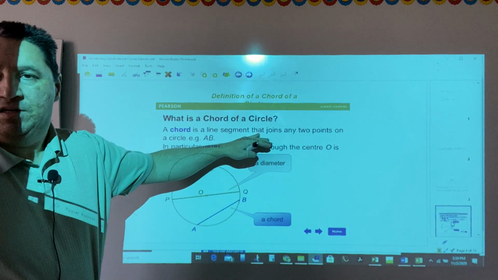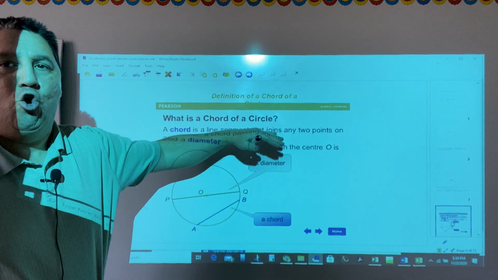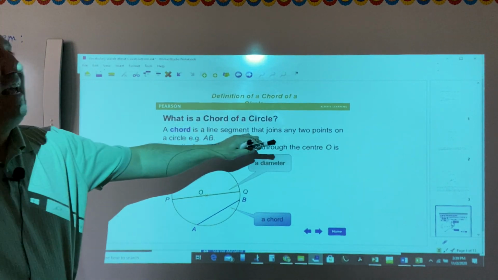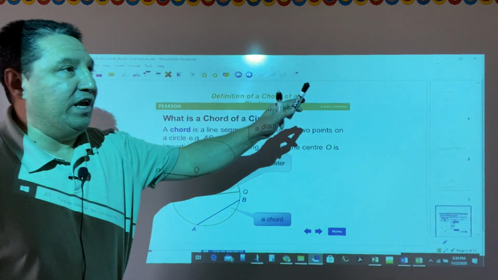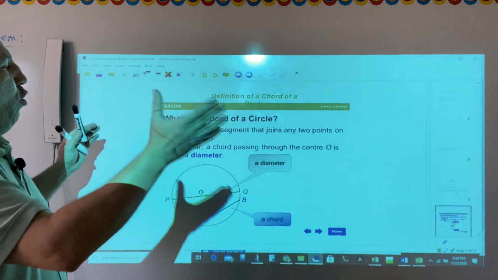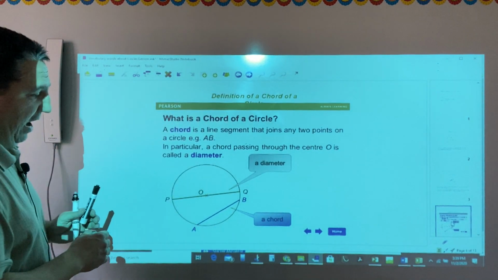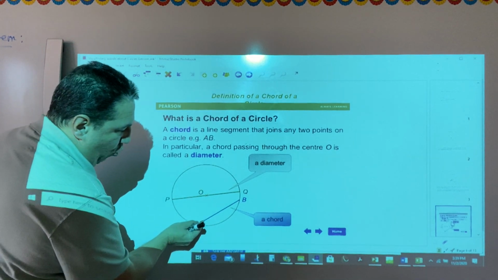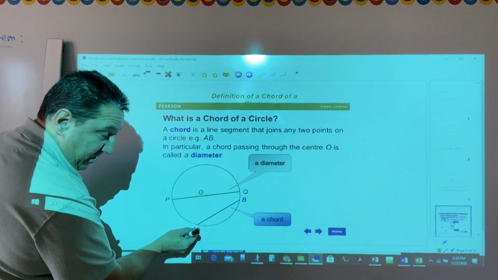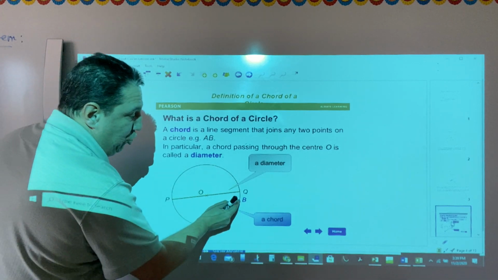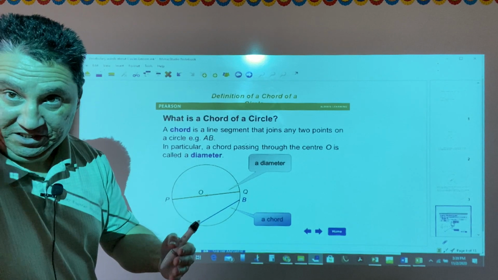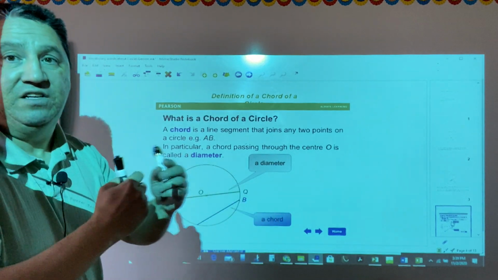Another part of a circle is a chord of a circle. What is a chord? A chord is a line segment that joins any 2 points on a circle, like here. So, a chord is a line segment that joins any 2 points on the circle or on the circumference of the circle.